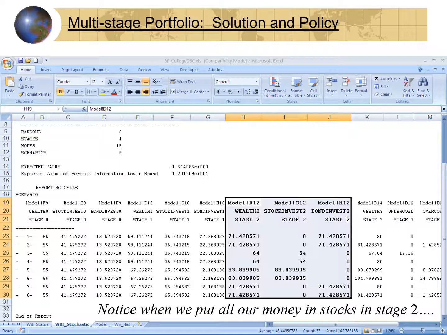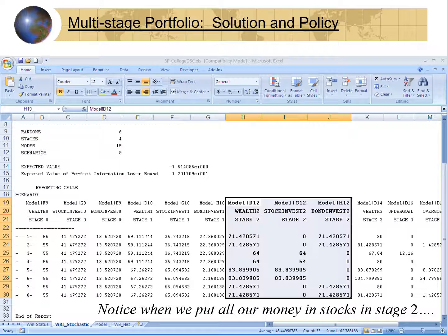So notice that if we had 71,000 starting wealth in that period, we'd put 0 into stocks and put all of it into bonds. If we had only a wealth of 64, then we'd put the entire 64 into stocks and nothing into bonds.